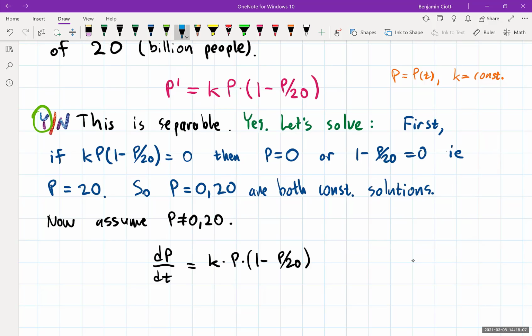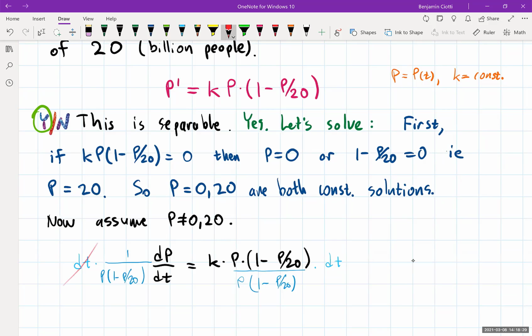So let's divide both sides by P times (1 minus P over 20), and let's also multiply both sides by dt.